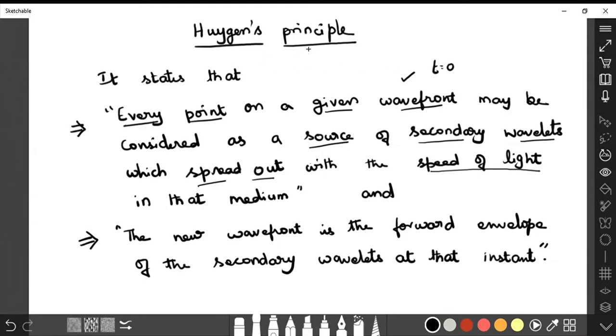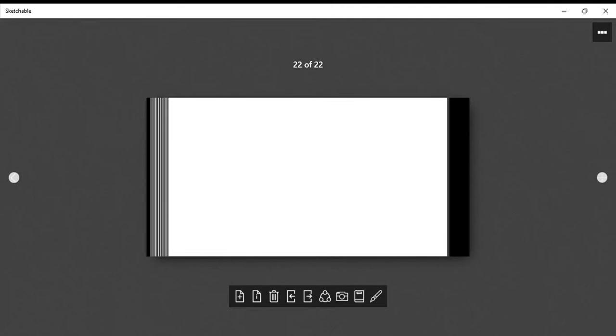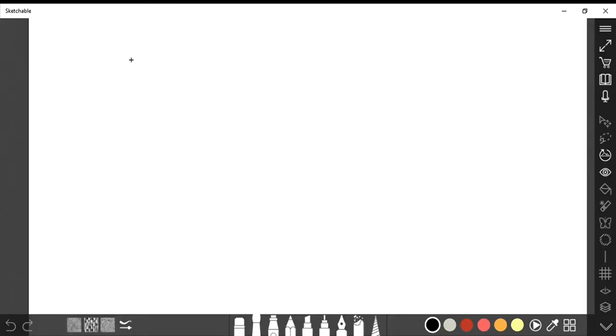Let me explain with a diagram. This is the spherical wavefront, which I am going to name AB. At a time t equal to 0, the shape is spherical, and this is the position of the wavefront.